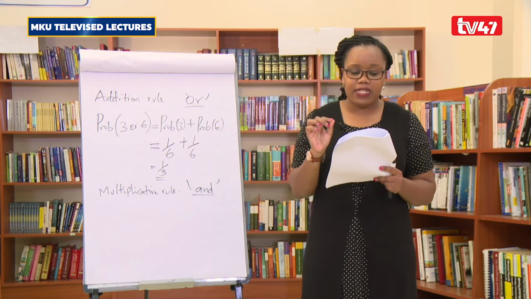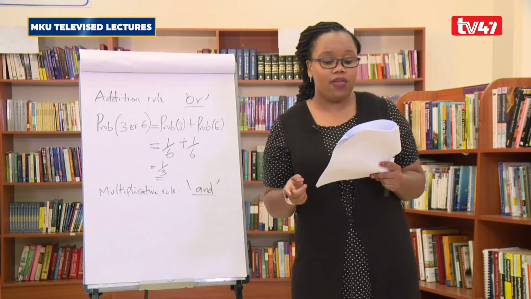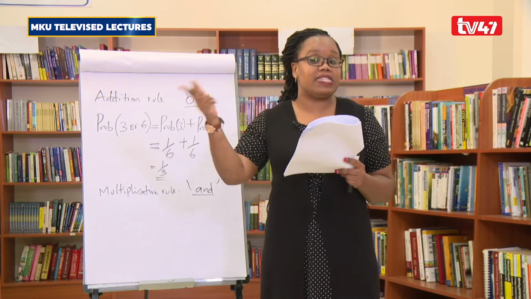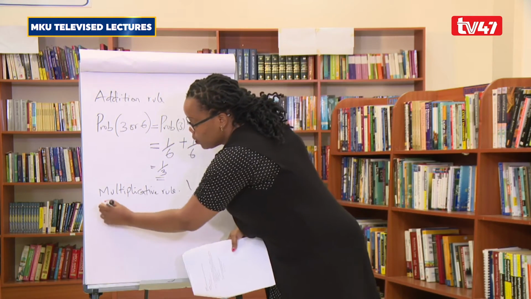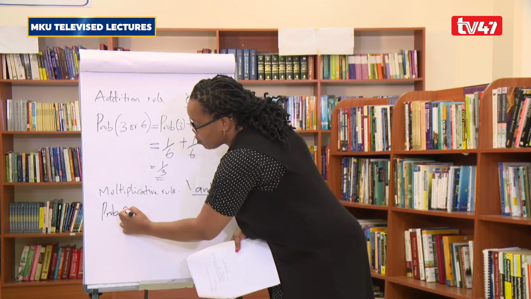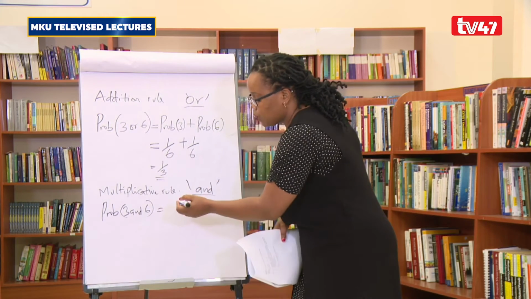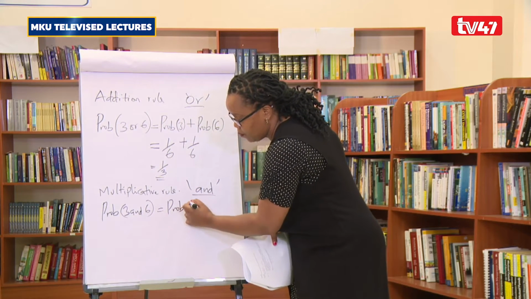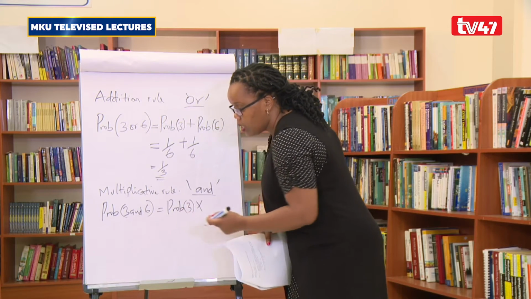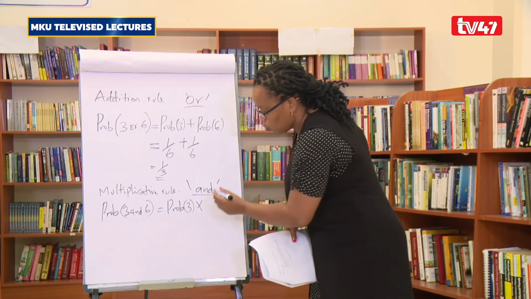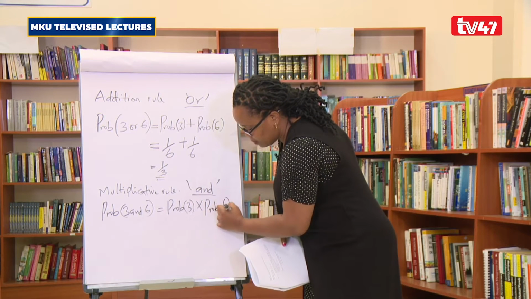What is the probability of throwing a 3 and a 6 with 2 throws of a die? Remember, it's independent, yeah? 2 throws of a die. So in this case, we're looking at the probability of throwing a 3 and a 6, which translates to the probability of 3 multiplied, because of the conjunction and, which is replaced by multiplication, by the probability of throwing a 6.